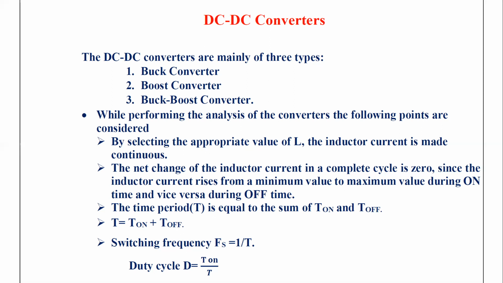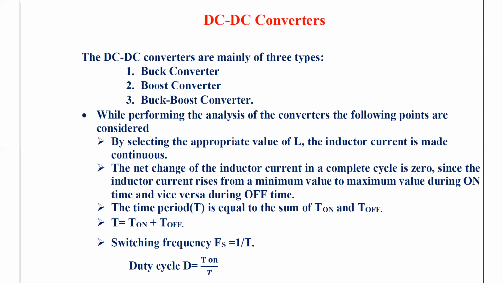While performing the analysis of these converters, we have to consider two points. That is, the selection of inductance value should be such that the inductor current is made continuous. So you need to select a value of inductor that makes the inductor current a continuous current.